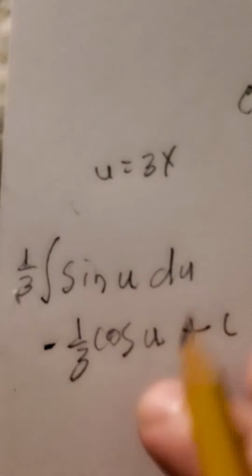So I get minus 1/3 cosine u plus a constant. But what did I originally let u equal? 3x, right? So the answer will still be minus 1/3 cosine 3x plus c.